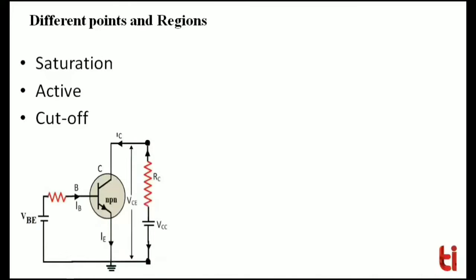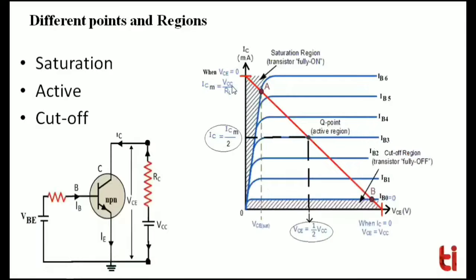So to explain these points and regions, here I have considered a common emitter configuration based circuit, and with the help of its output characteristics, I am going to explain three different regions and three different points.